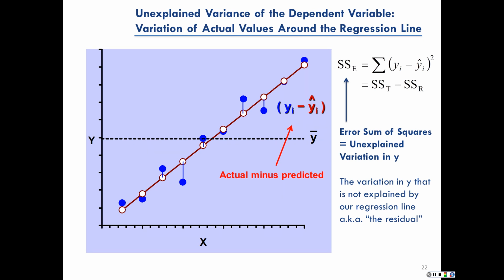For the error sum of squares, we subtract the predicted value of y from the actual value of y for each individual observation, square that, and take the sum. This is the unexplained variation in y. It's also equal to the total sum of squares, SST, minus the regression sum of squares, SSR. This is the variation in y not explained by our regression line, also known as the residual.